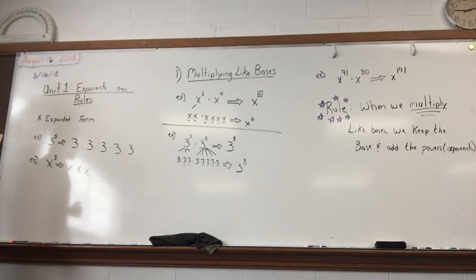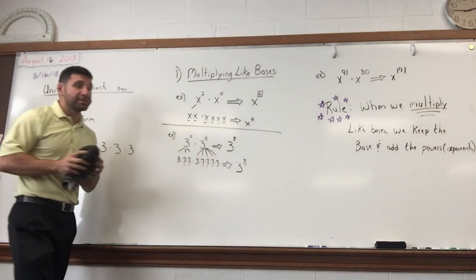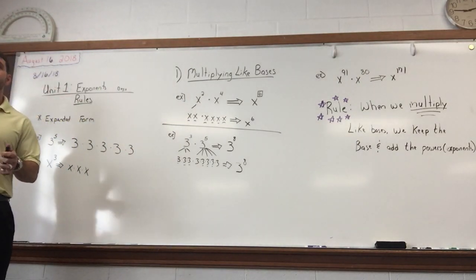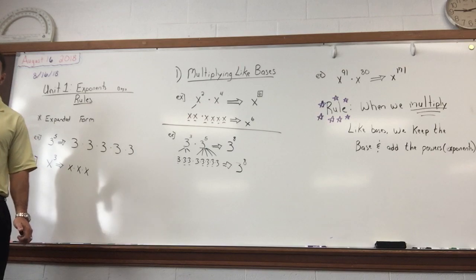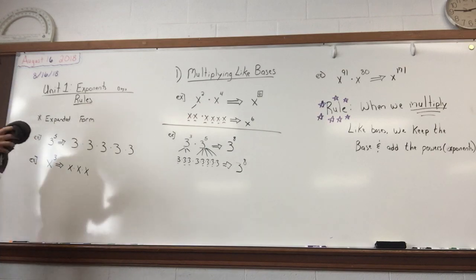Can we try an example? A little bit harder? Just a little bit. I don't want you to simplify. All I want you to do is still keep it in exponent form. We will start to simplify, but I want you to keep it in exponent form.